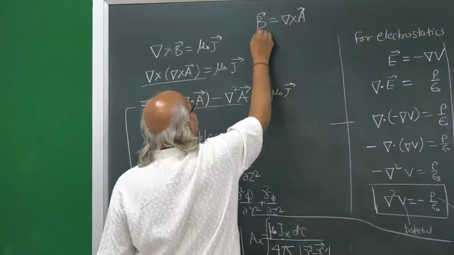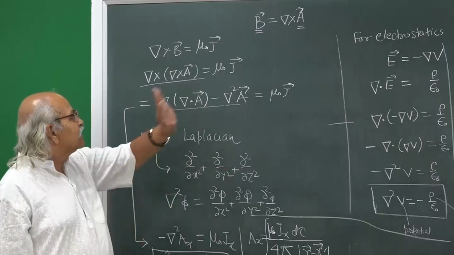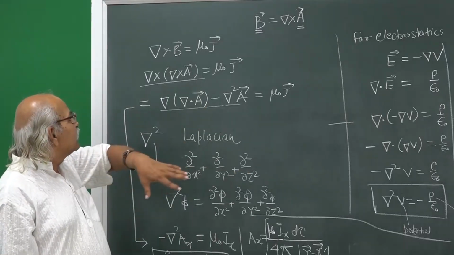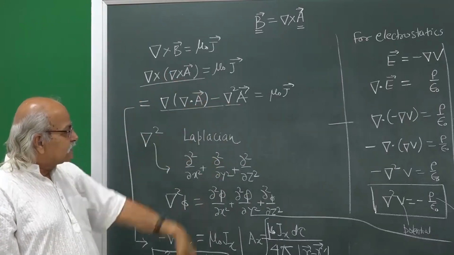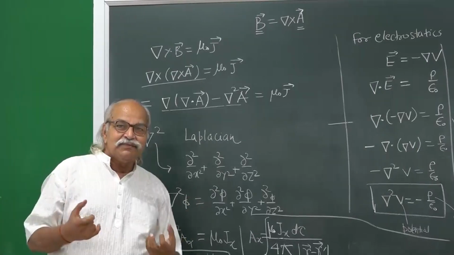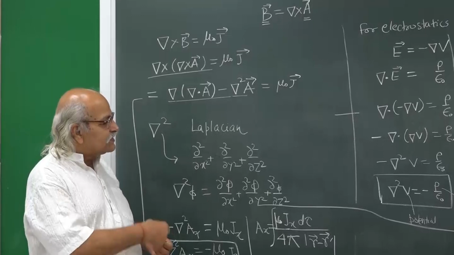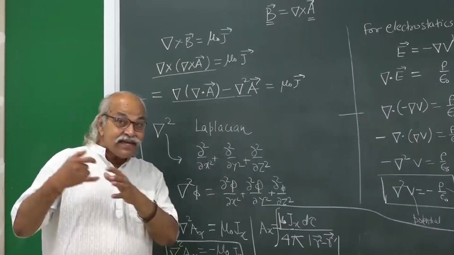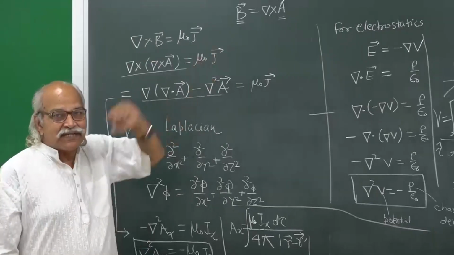The magnetic field is curl of this vector, and this is known as vector potential, and we did a lot of algebra, and we found that there is a mathematical similarity between the charge distribution and its electric potential, and on the other hand current distribution and its magnetic vector potential.